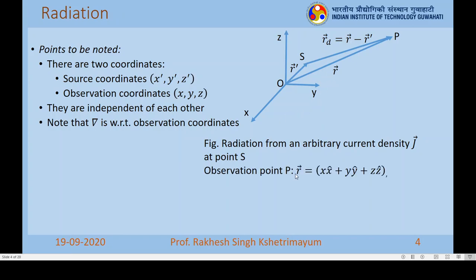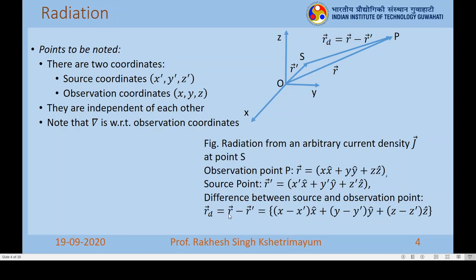The r vector will have coordinates x, y, z, and the source point S, r dash, will have x dash, y dash, z dash. The difference of these two, the r_d vector, is r minus r dash, which is x minus x dash, y minus y dash, z minus z dash.